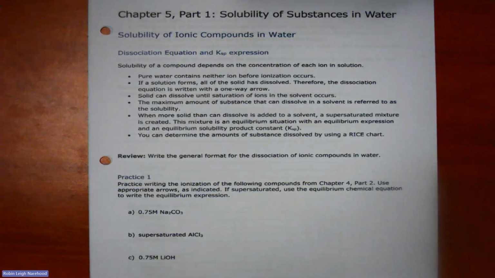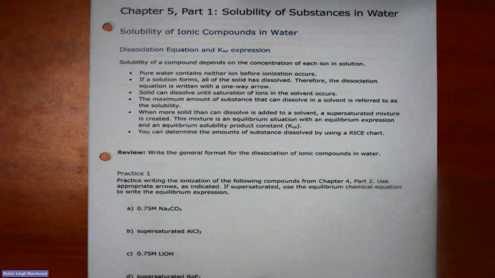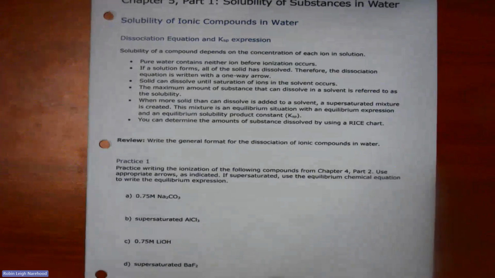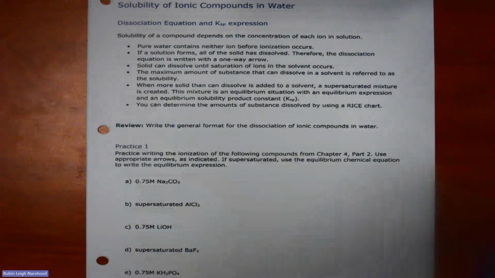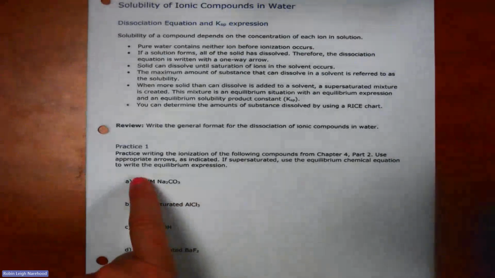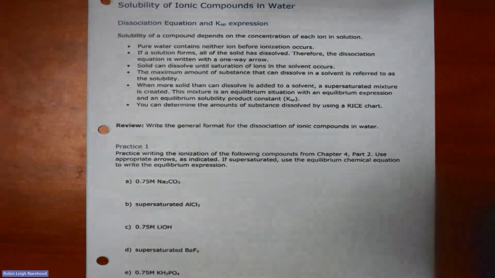So I'm going to make two different mixtures. The first one is going to be the sodium carbonate. The way that we determine whether it is supersaturated or not: if you ever see a molarity of an ionic compound, molarity means that is the amount dissolved in solution.